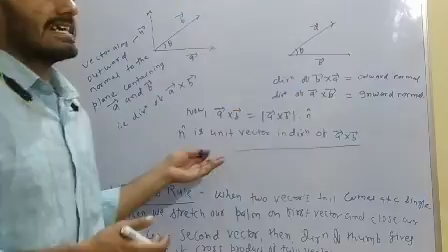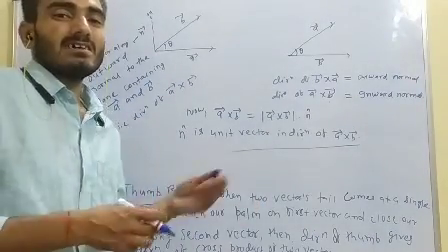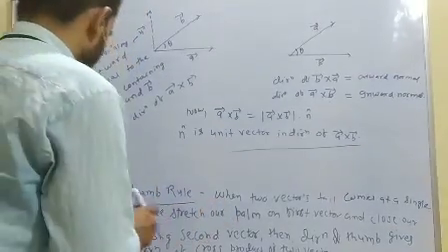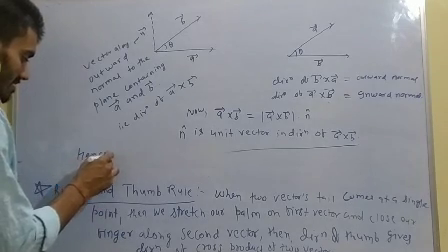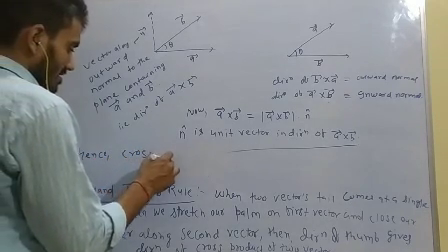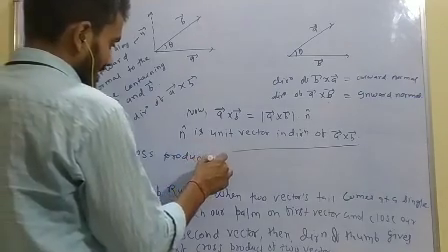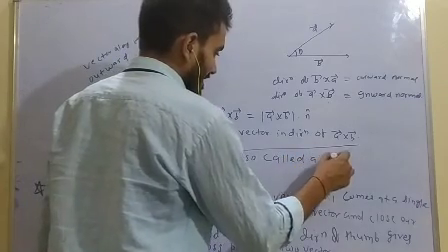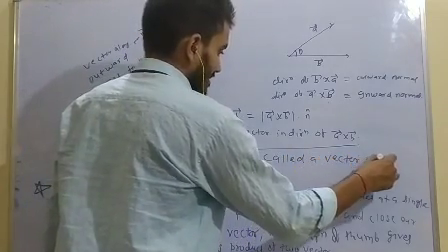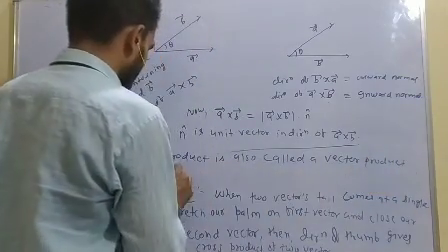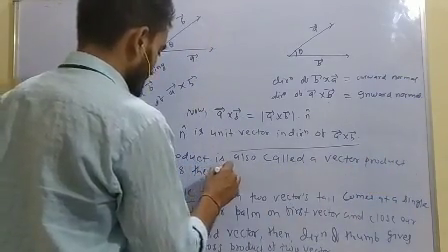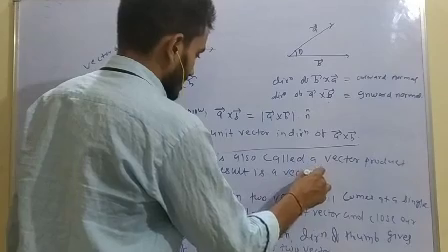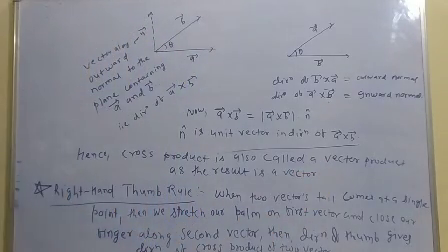We say that cross product of two vectors is a vector, hence cross product is also called a vector product, as the result is a vector.